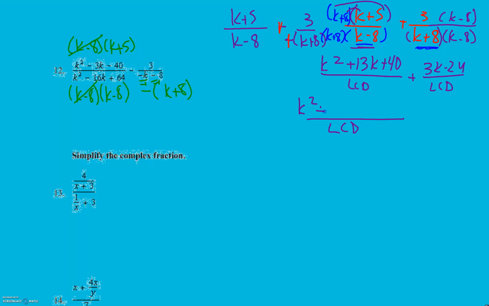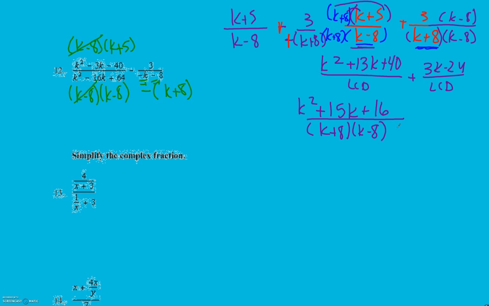K squared plus 15k plus 16 over my LCD. And my LCD here, I'm going to rewrite as k plus 8, k minus 8.